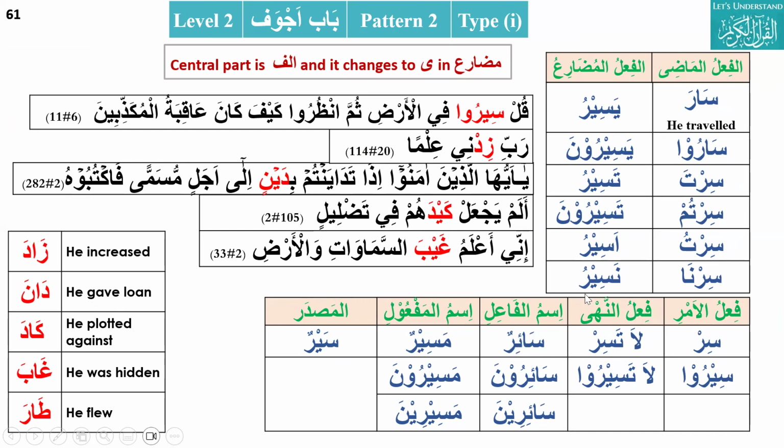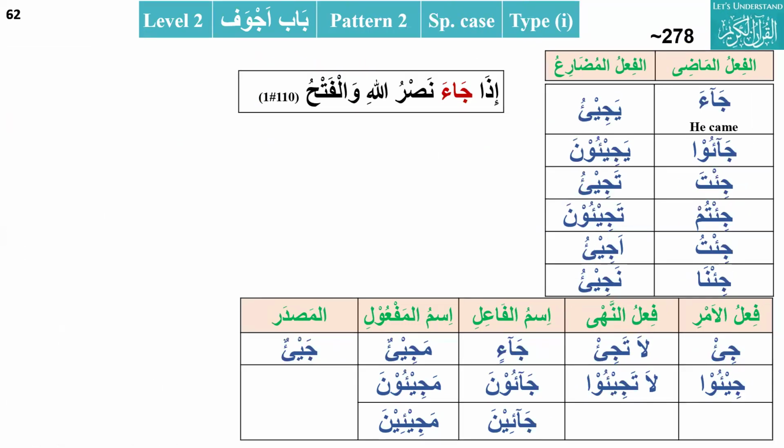The special case of Khafa Yakhafu is Sha'a Yashau, and the special case of Sara Yasiru is Ja'a Yajiu. It doesn't exactly fit the pattern, so we have to remember them.